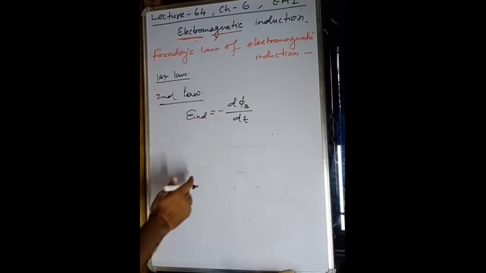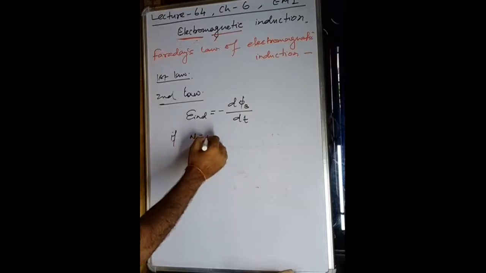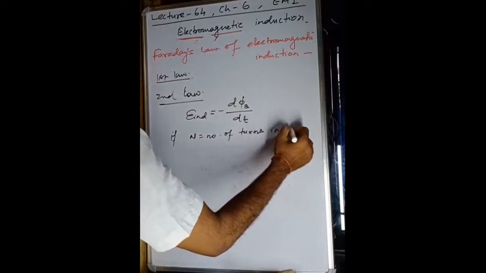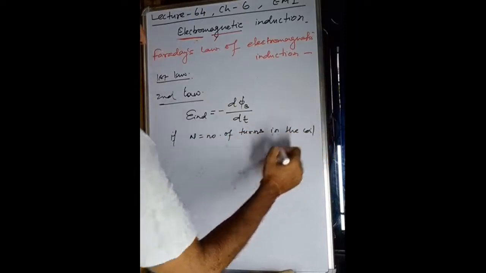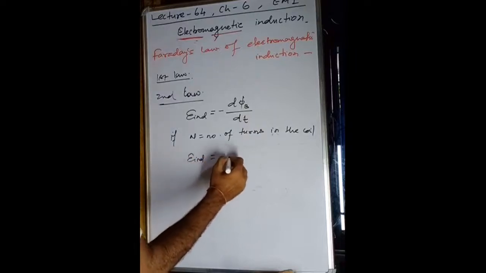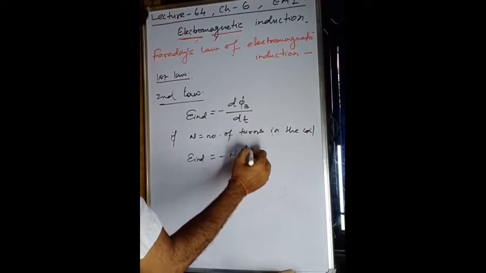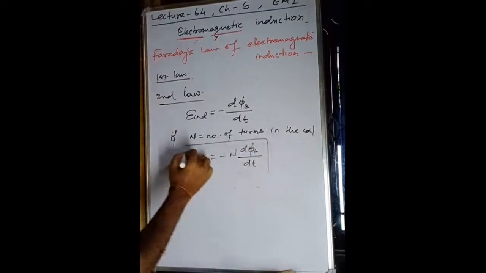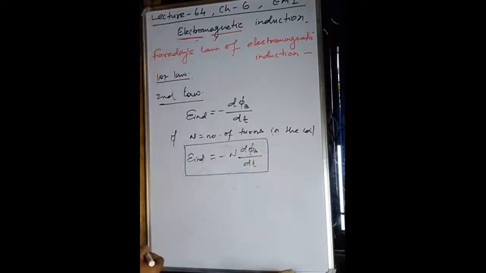My dear students, if n is the number of turns in the coil, then we can write the magnitude of induced EMF as minus n times d phi by dt. This one is very important. Okay, this is for n turns. Of course, if n is 1, then it will be minus d phi by dt.